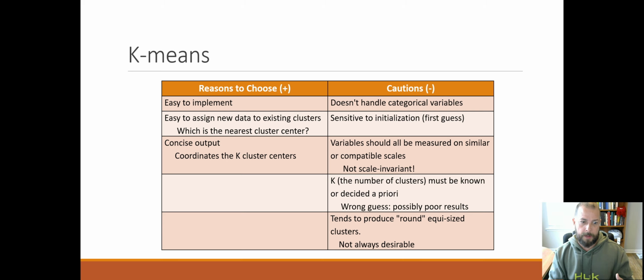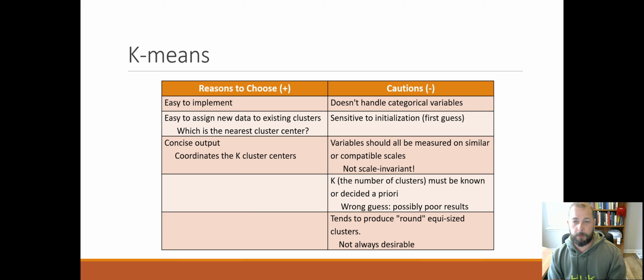Because it's randomized to start with, sometimes it may take a long time to stop or come to a conclusion, and that may end up in a local minimum. So you have to be very careful and aware that that's an issue.